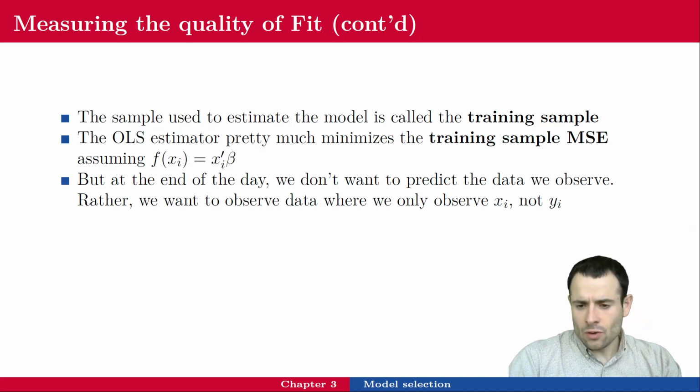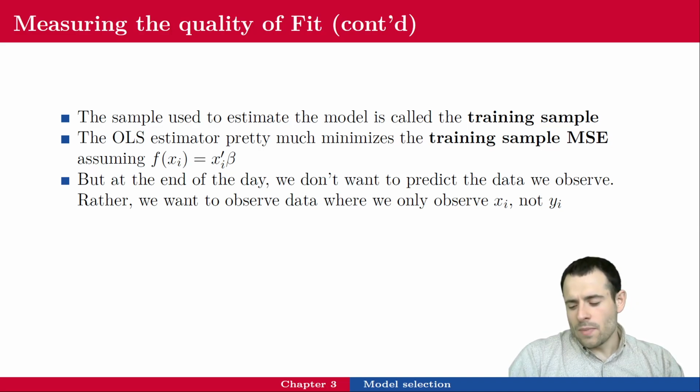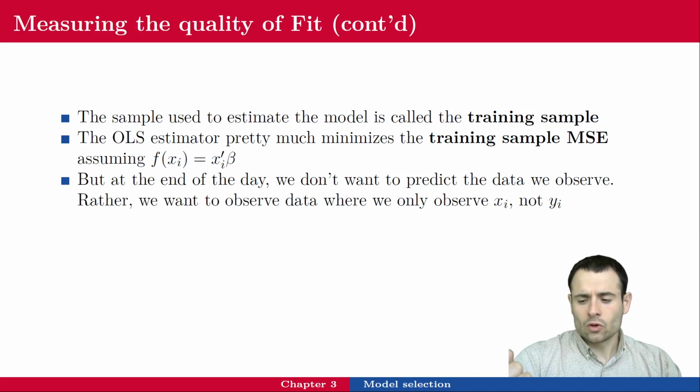At the end of the day, if you care about prediction though, you don't really care about predicting things that you observe. If you observe them, you don't need to predict them. So when you make a model and you estimate a model, you want to build a way to predict things that you do not observe.